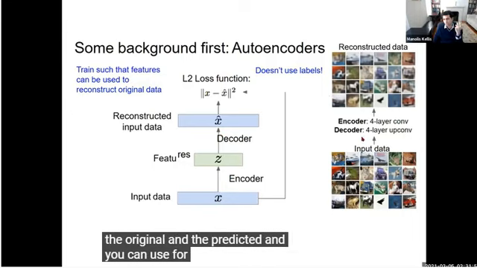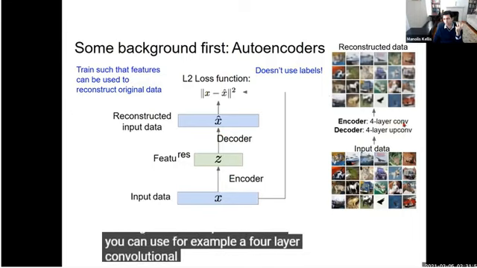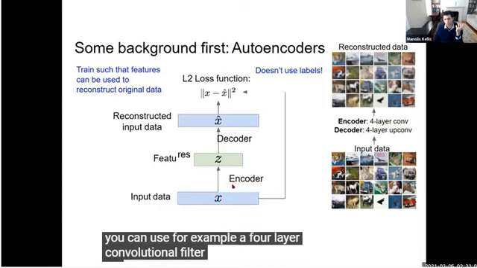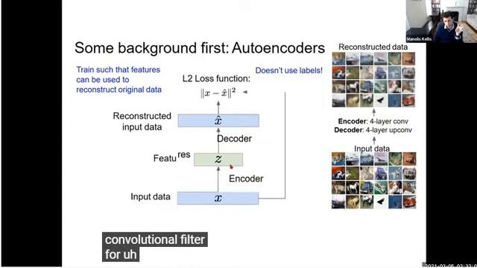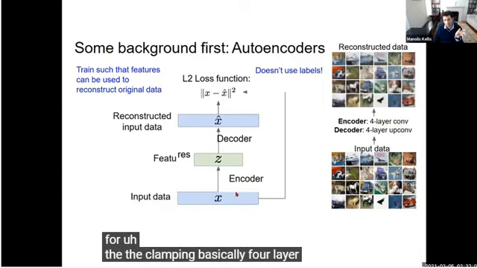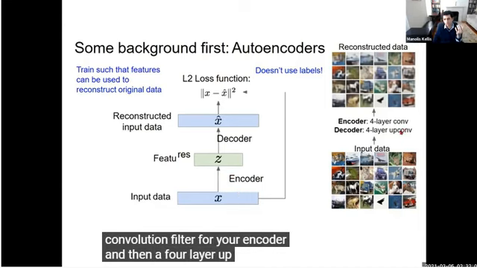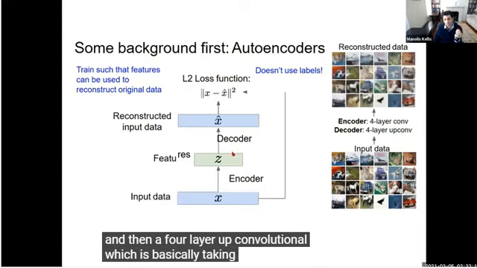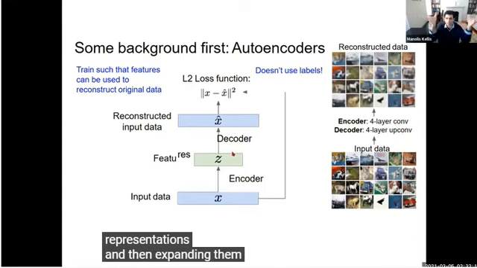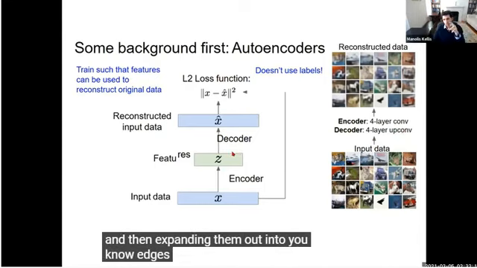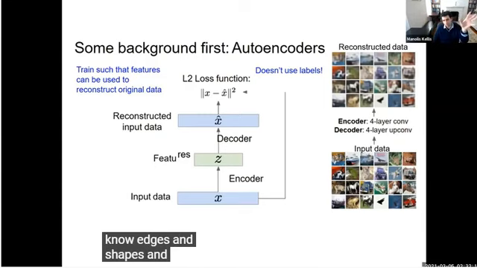You can use, for example, a 4-layer convolutional filter for your encoder, and then a 4-layer up-convolutional decoder, which takes smaller representations and expands them out into edges, shapes, and pixels ultimately.